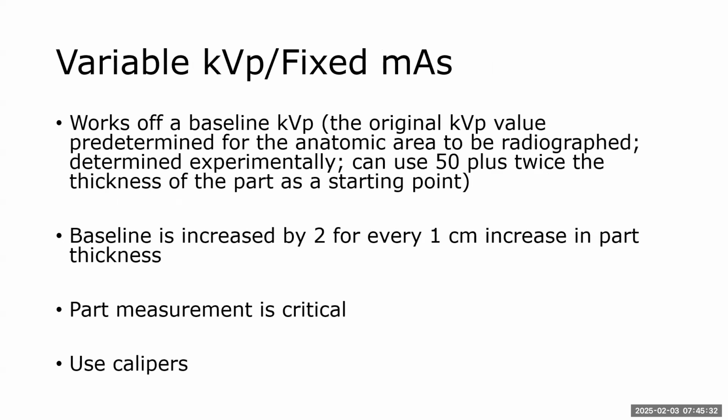uncommon one first. Variable kVp fixed mAs works off a baseline kVp, which is the original kVp value predetermined for the anatomic area to be radiographed. That's determined experimentally, and you can use 50 plus twice the thickness of the part as a starting point. Where did we talk about that? That should sound very familiar to you. Do y'all remember?